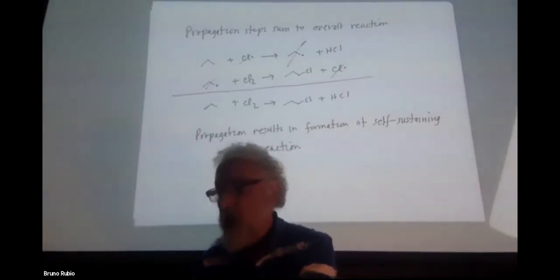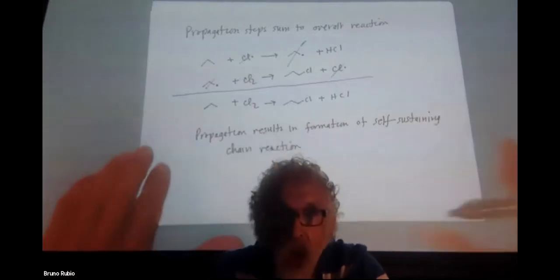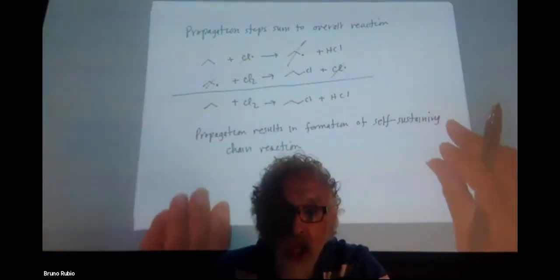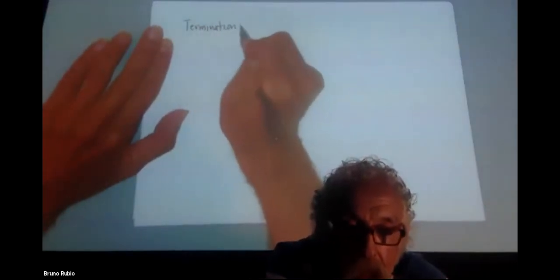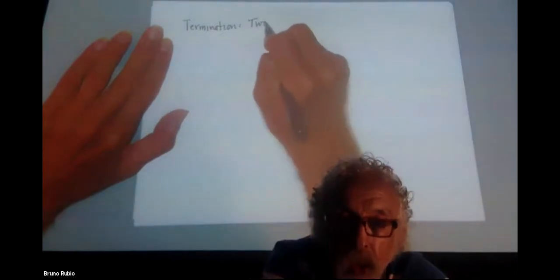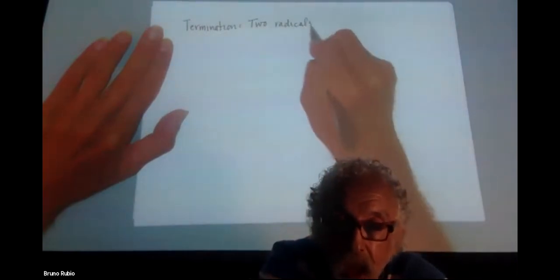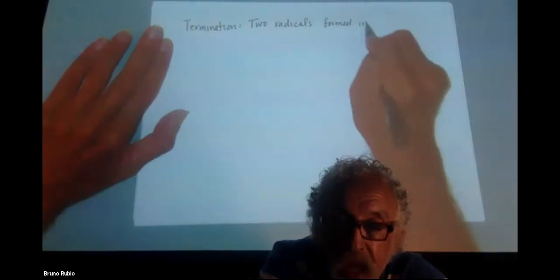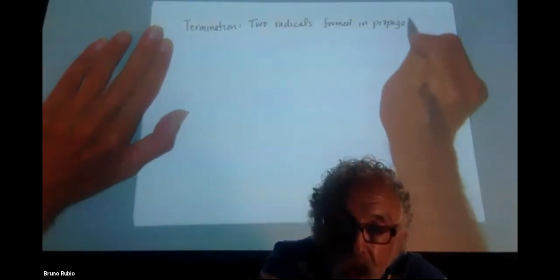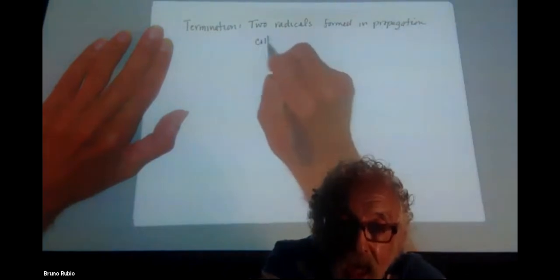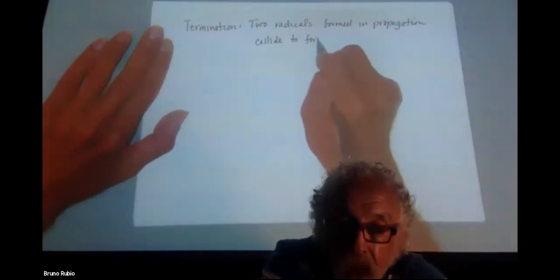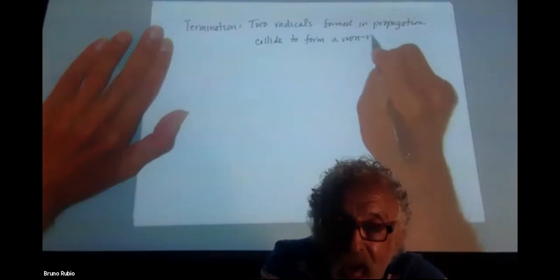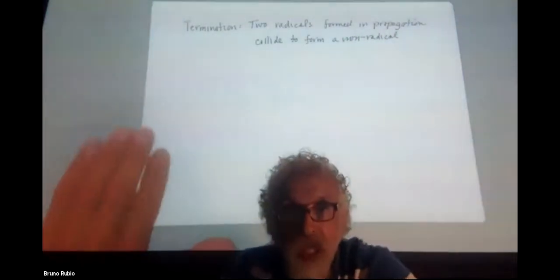Okay, so now before I take my break to go have some coffee, let's just talk about termination. What happens in termination is that two radicals formed in propagation collide to form a non-radical species.